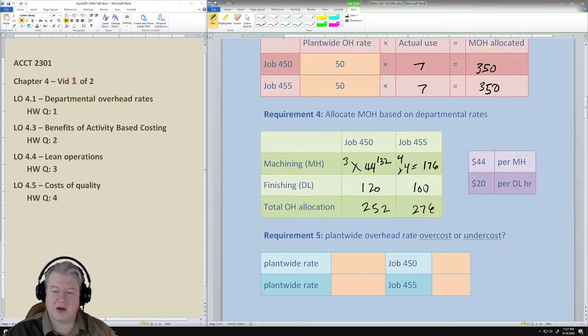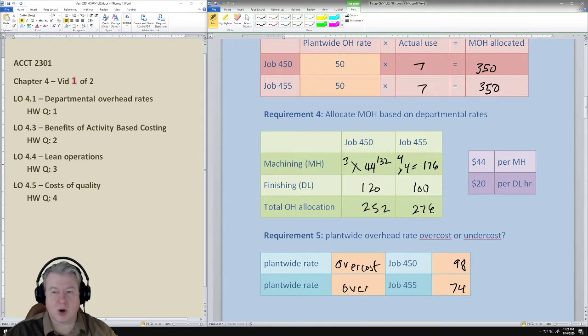So we're going to say here for both of these, job 450 and 455, they were over costed. And we can figure out the amount. This one looks like 98. This one, well, I'm going to peek. This one's 74. But both of these are over.